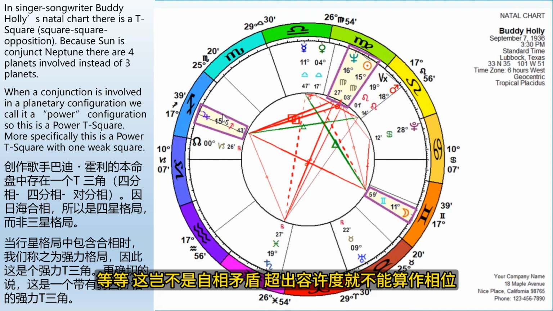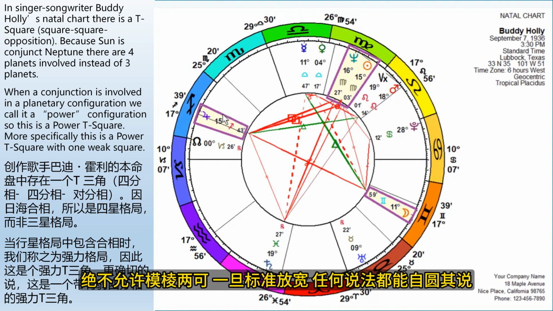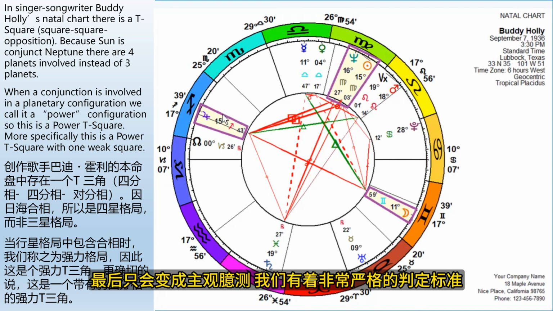Wait a minute. You just contradicted yourself, bro. It's not out of orb and still there. I understand that's fine for many kinds of astrology. It is not fine with vibrational astrology because when you start getting sloppy like that, you can make sense of anything and you will project on it.